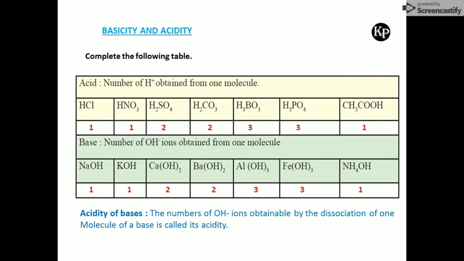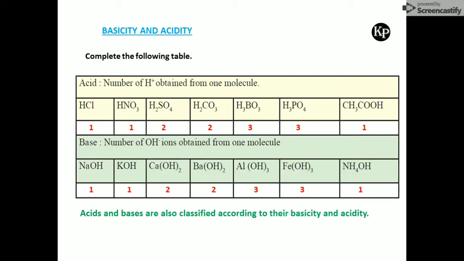In simple words, the acidity of a base is how many OH minus ions are present in that molecule, and the basicity of an acid is how many H plus ions are present in that molecule. So that is simple.